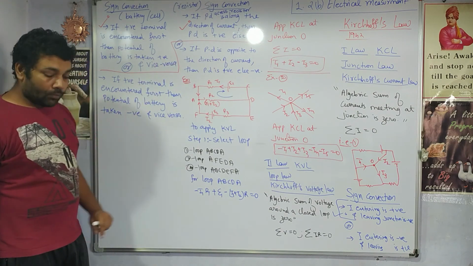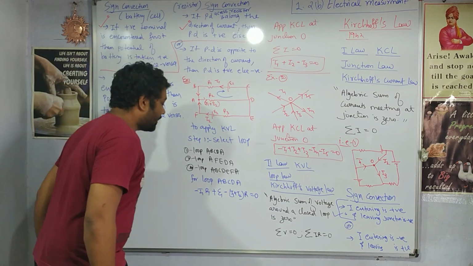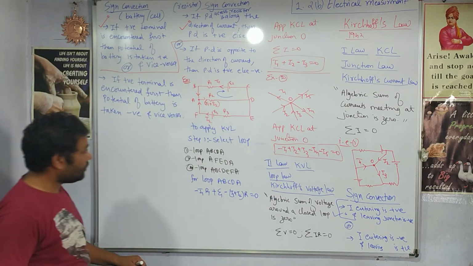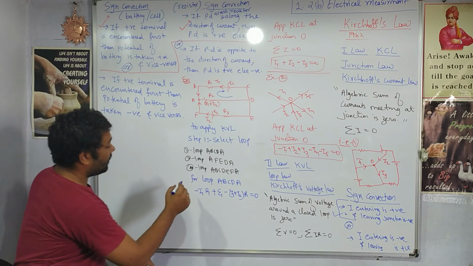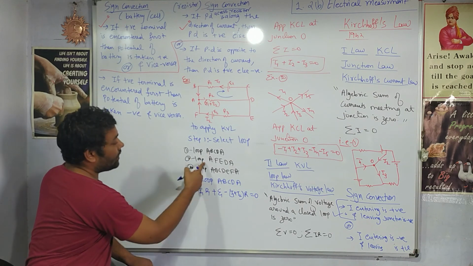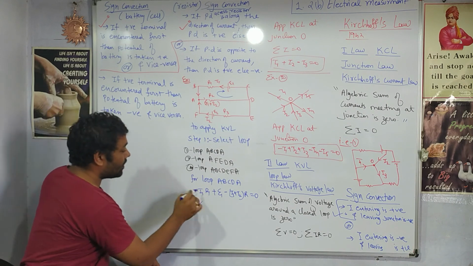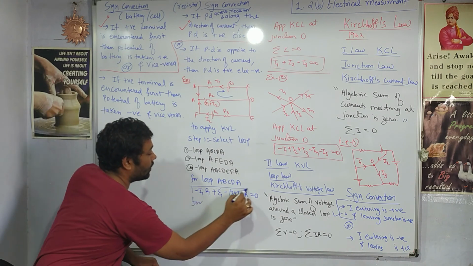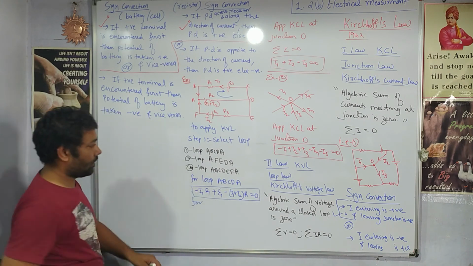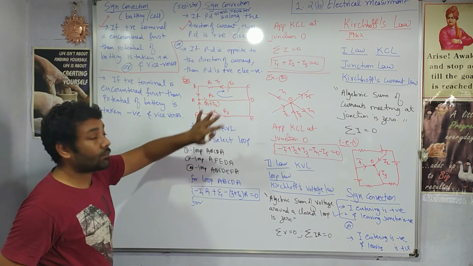So here for the loop ABCD we have written. Let us continue, right? Then next ABCD we have done. Now we'll write for the loop. This is one equation we have got. What will we do with this equation? We'll get multiple equations from the multiple loops.